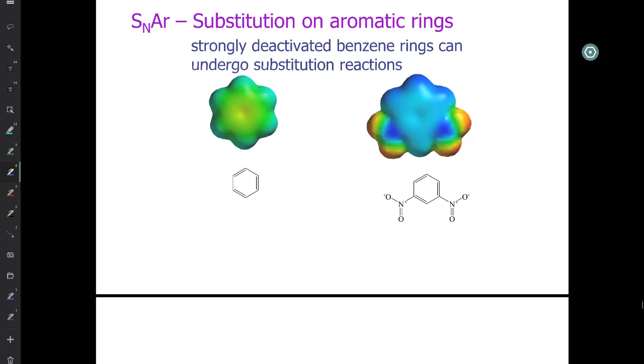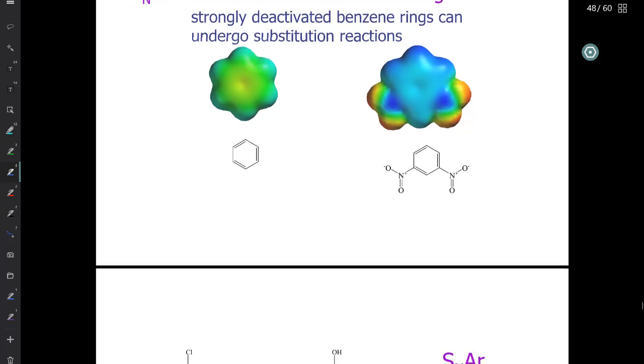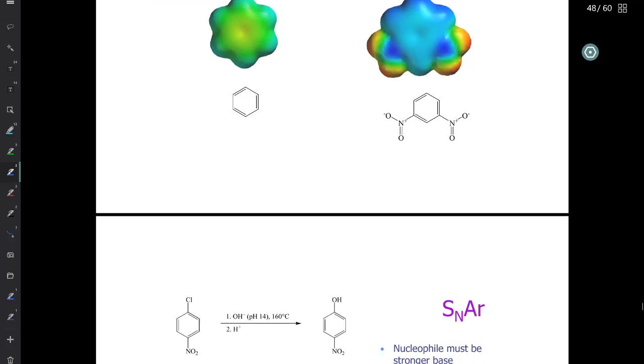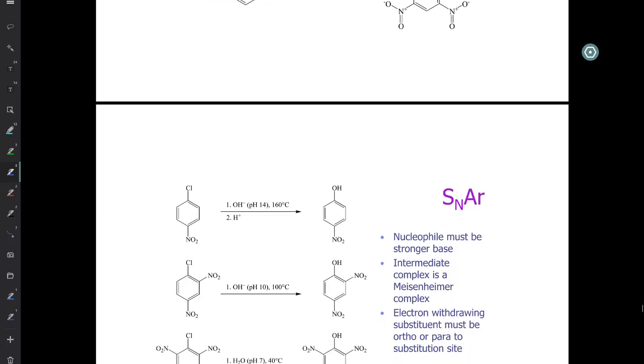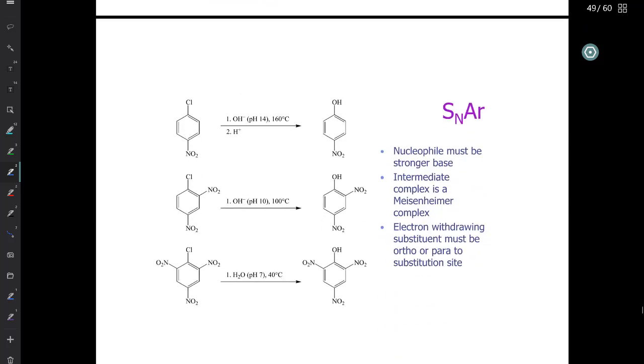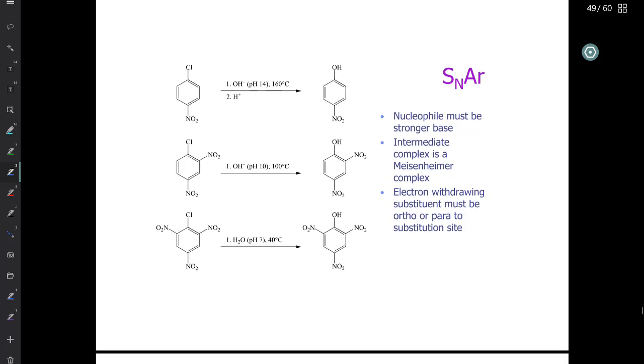These substituents pull enough electron density out that a nucleophile can get past the pi electron cloud of the benzene ring and do a nucleophilic attack. And because the aromatic product is so much more stable, we get a substitution rather than an addition reaction.